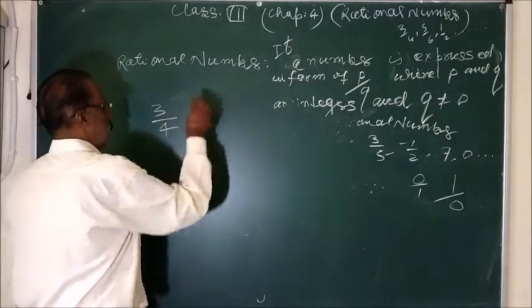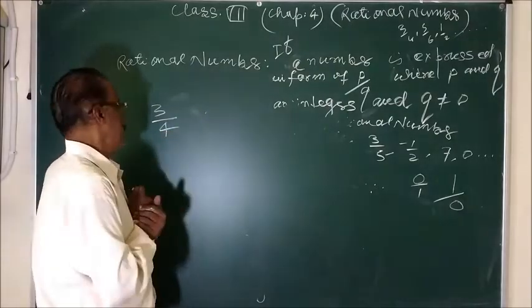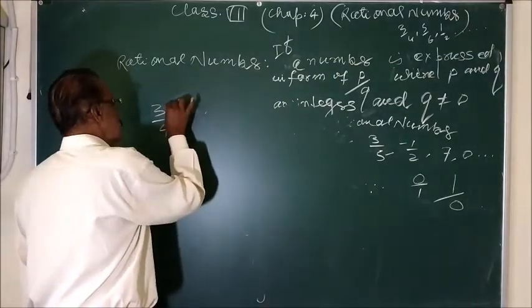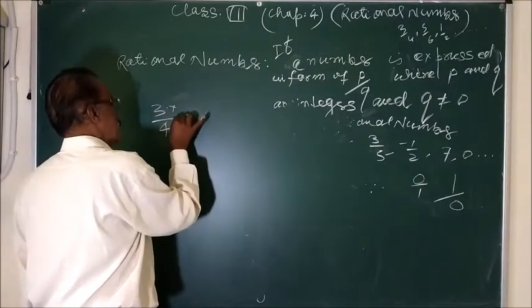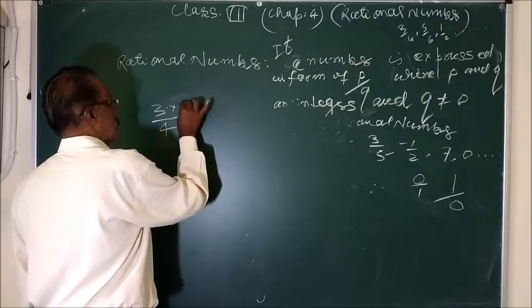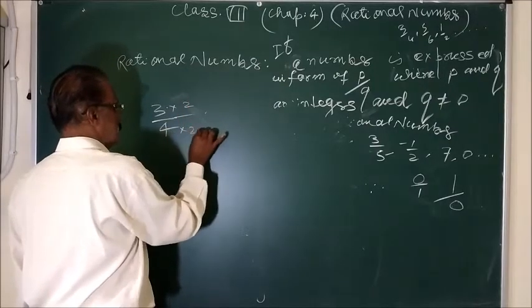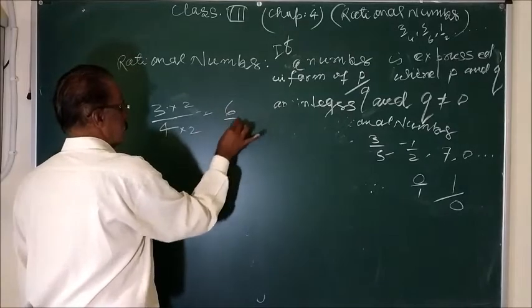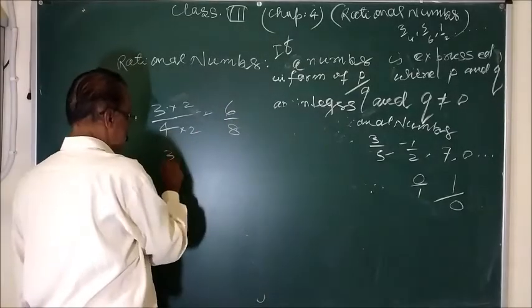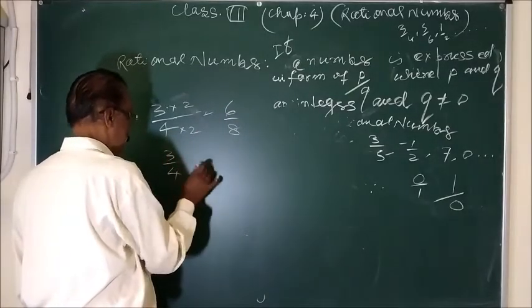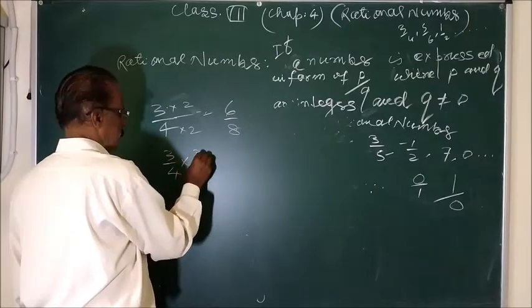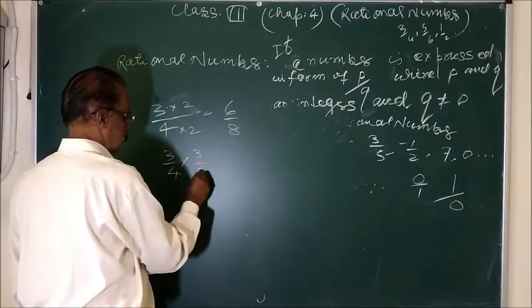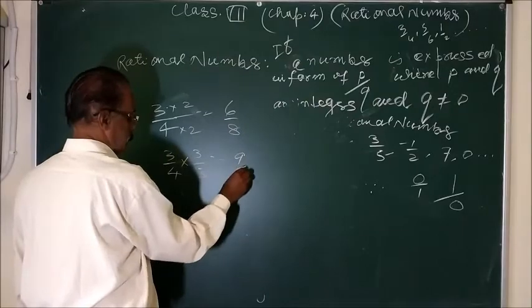Suppose you have to find 4 equivalent fractions. You multiply the numerator and denominator by the same number. Suppose you multiply by 2, you will get 6 by 8. For the given rational number 3 by 4, you multiply by 3 and you will get 9 by 12.